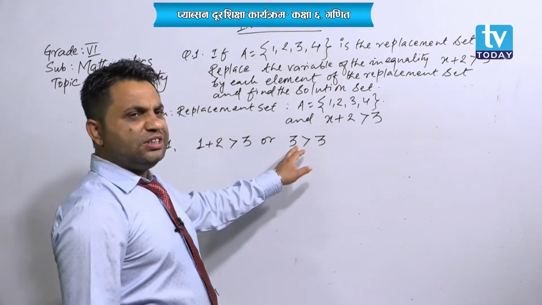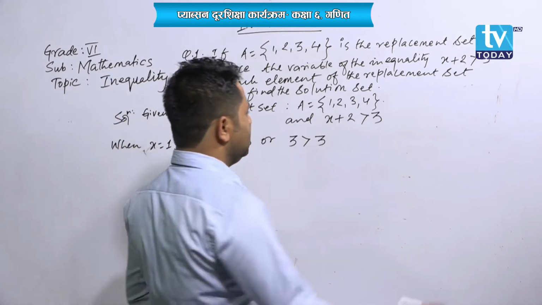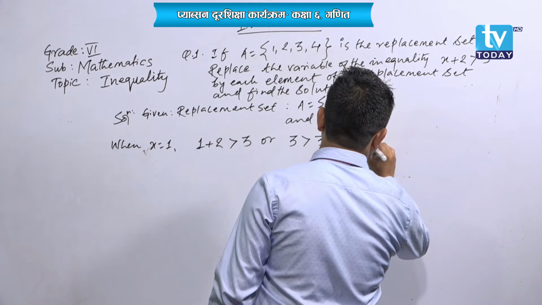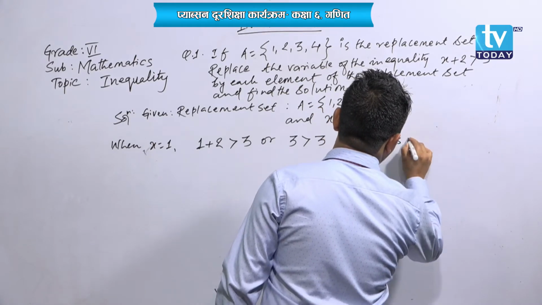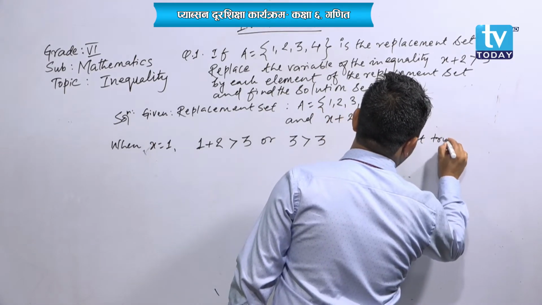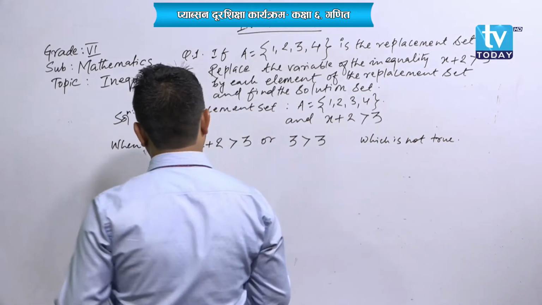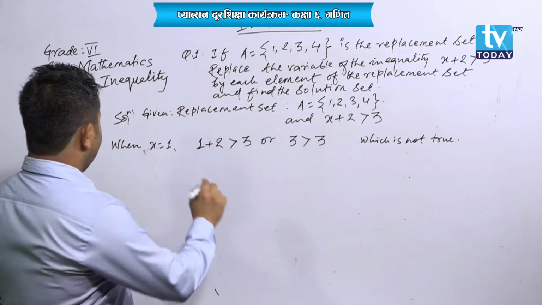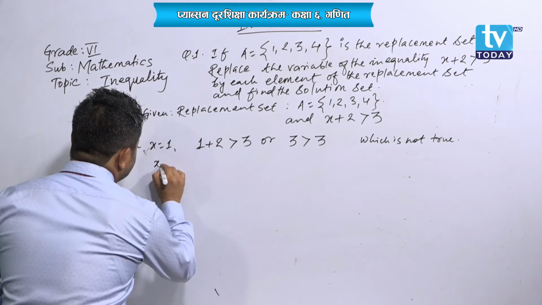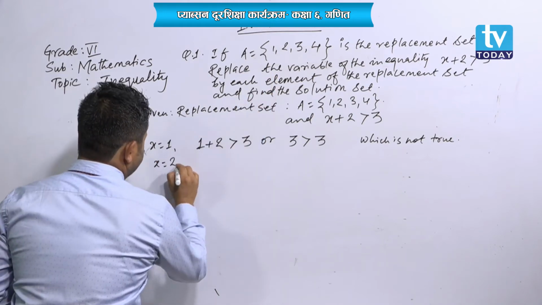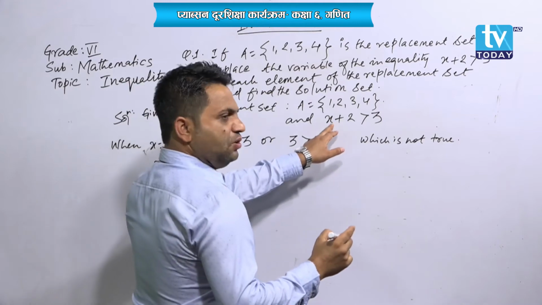This is not true. 3 cannot be greater than 3. That means this is false, which is not true.